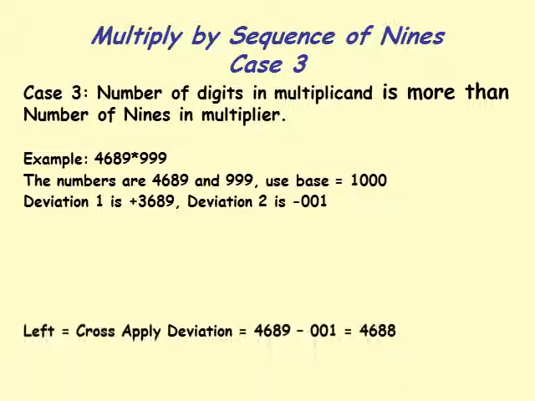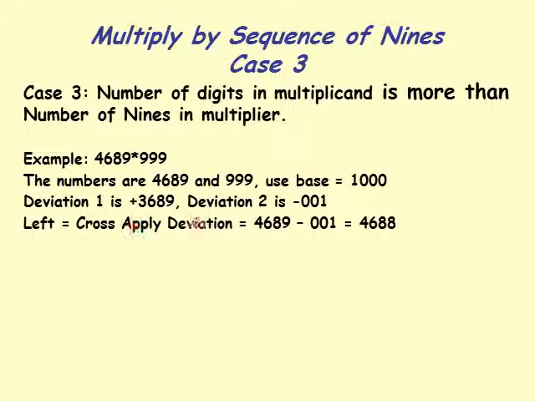Let's continue. First we cross apply the deviation to get the left, which is the first operand 4689 and the second deviation, using the operation minus. So it's 4689 minus 001, and that's 4688. So on the left we have 4688 so far.